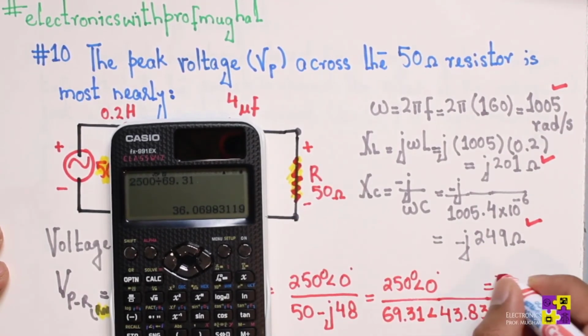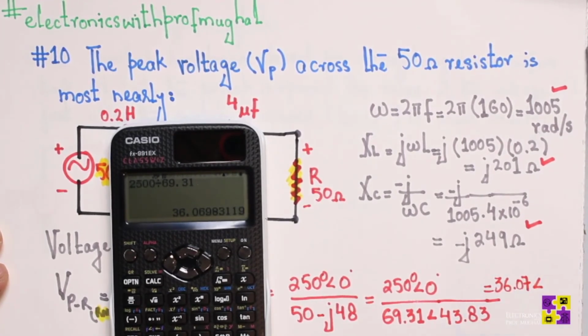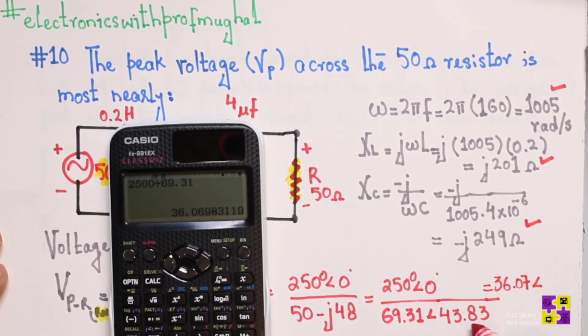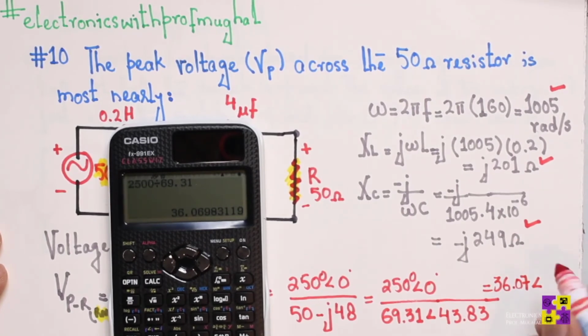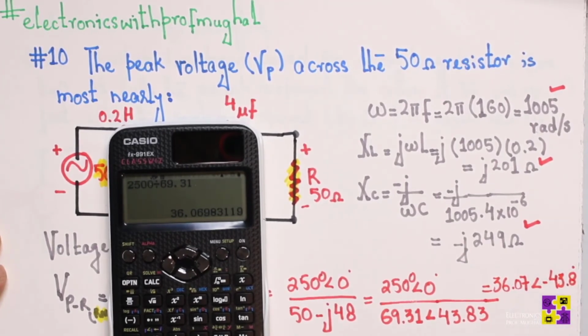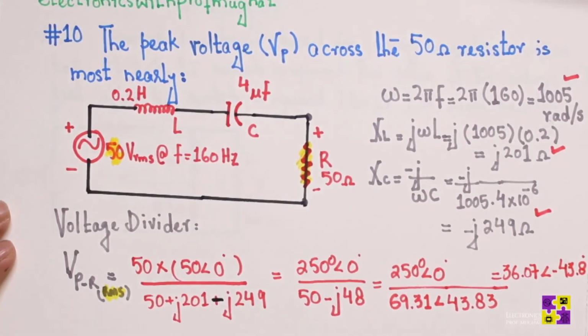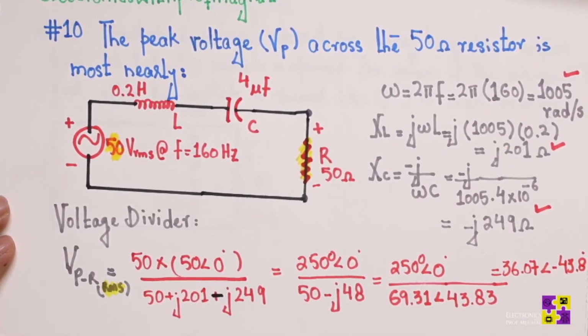And the angle would be 0 minus 43.83, so negative 43.8, right?